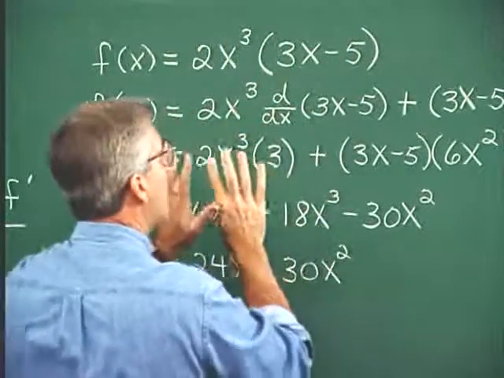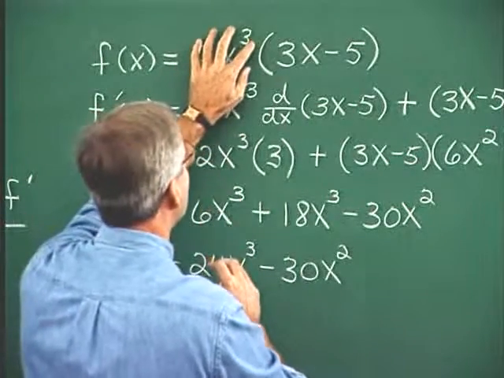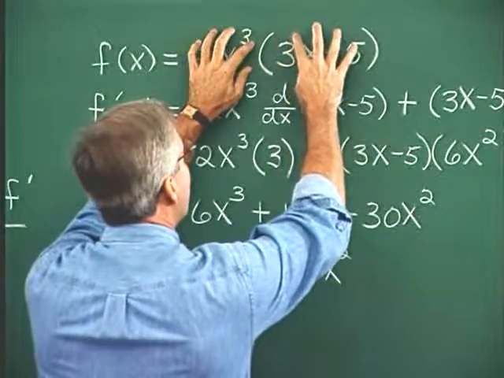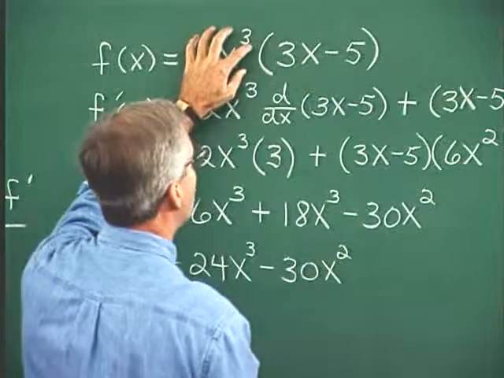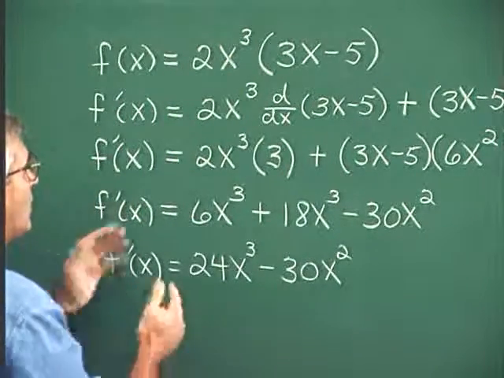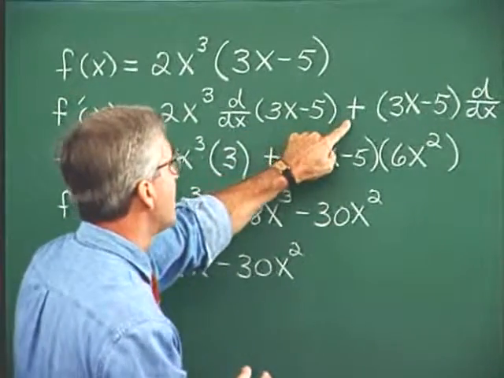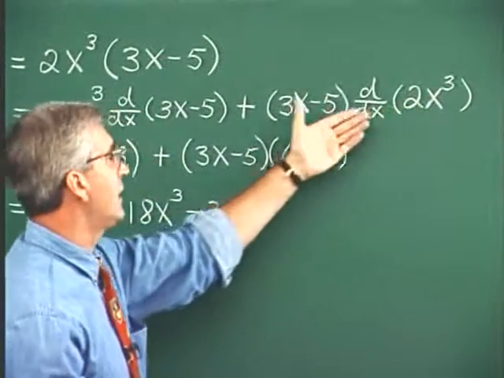All right, so we're going to apply the product rule. We take this factor and multiply times the derivative of the binomial. And then we take the binomial and go with the derivative of that outside term. So we write that down. We write 2x cubed times the derivative of the binomial, and then the binomial times the derivative of the 2x cubed. And now let's resolve this.